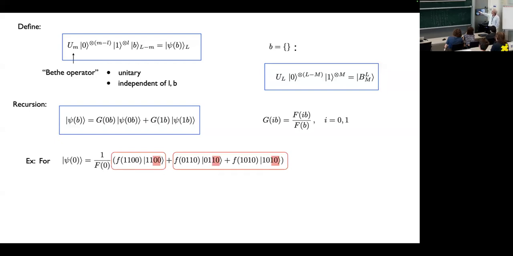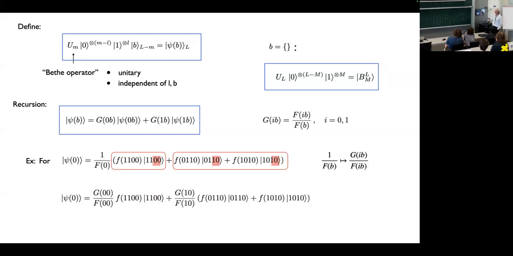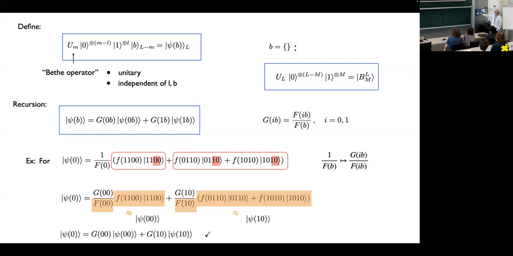So these guys end in 0, 0, and both of these end in 0, 0, 1. So I can split these up like this. And this is going to be my psi 0, 0, and this is my psi 0. And so indeed, psi 0 is related to these.